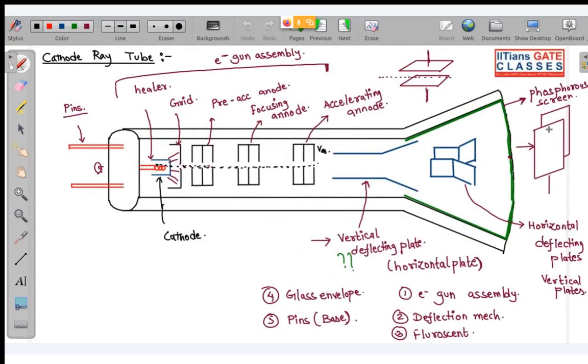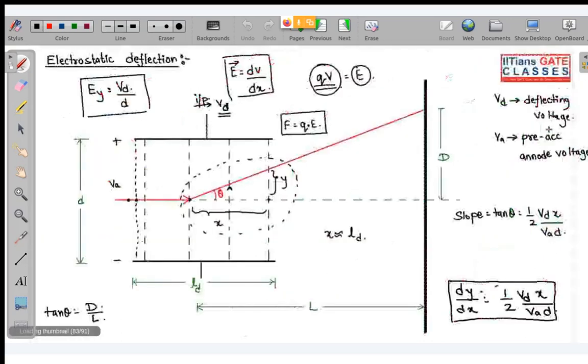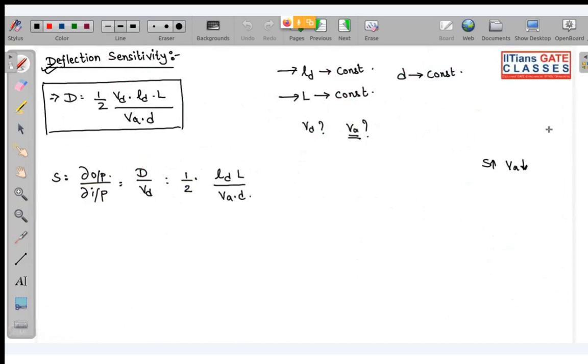If I decrease the pre-accelerating anode voltage, now is the time to connect whatever I have explained. At least you should apply some logic. If you decrease VA, obviously your potential energy will decrease.